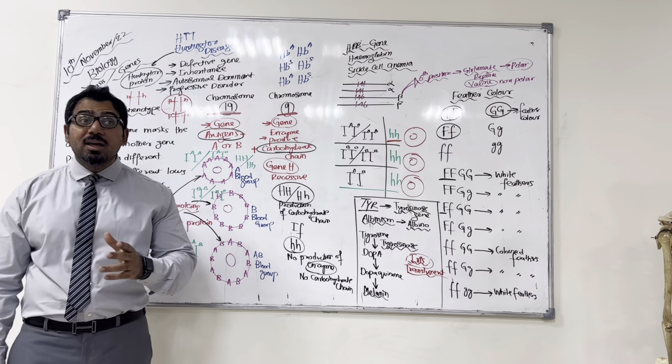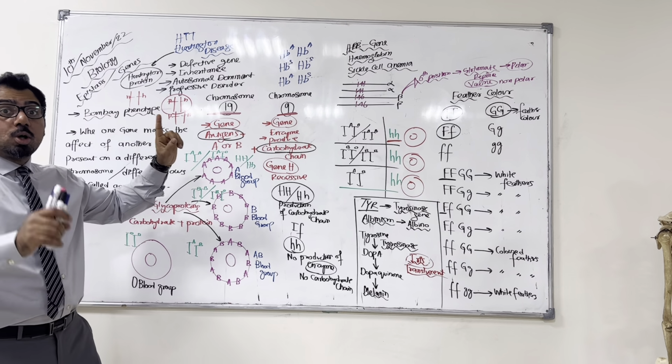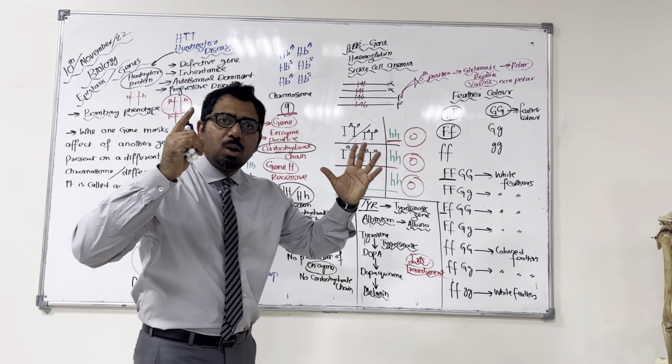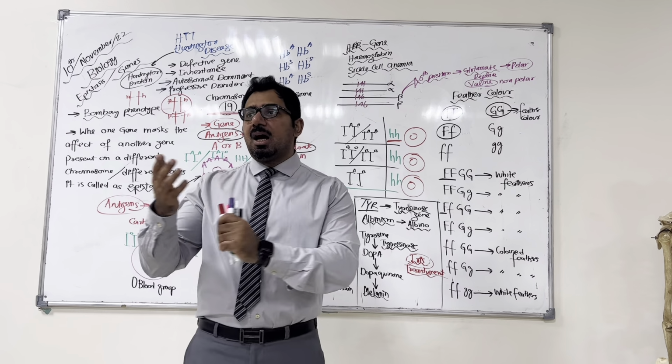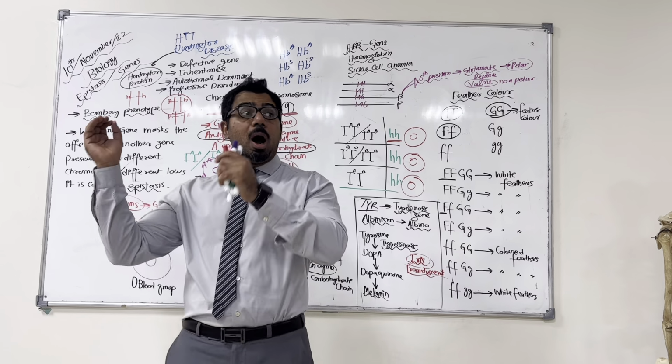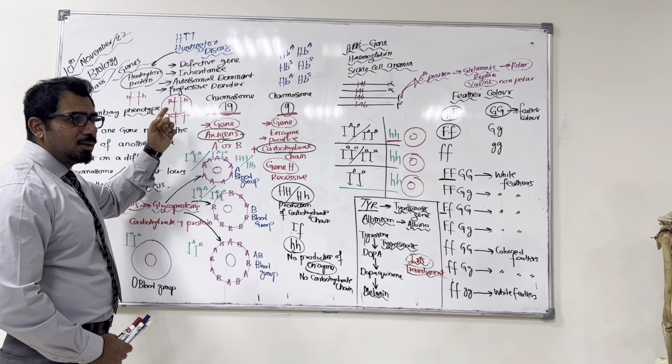Why? Because the father is giving half, because this is autosomal. Remember one more thing, this is autosomal. Half of the autosomes are coming from the father, half are coming from the mother. So 100% chances that his offspring will have Huntington's disease.